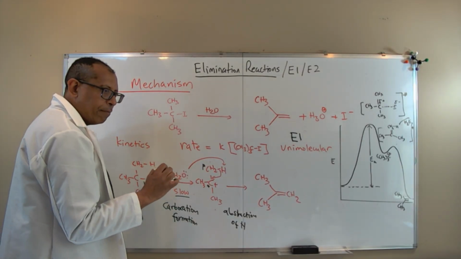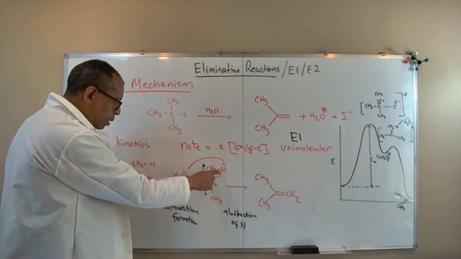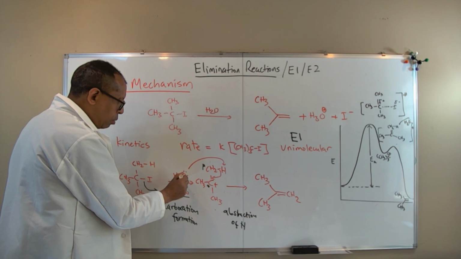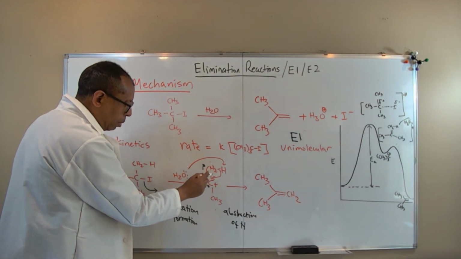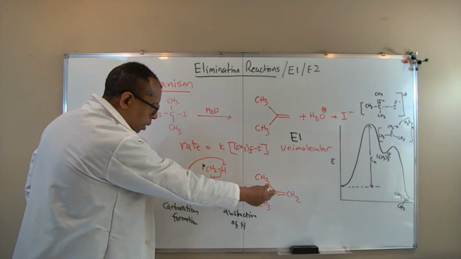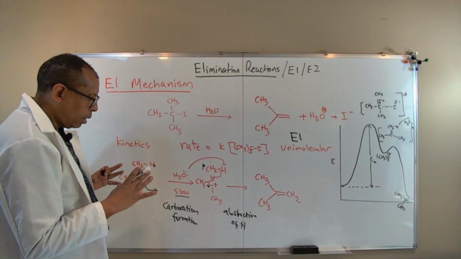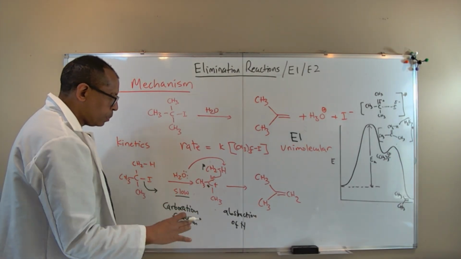So a very weak base, such as water, can abstract that proton. The proton is abstracted by H2O, and then this bond collapses to make the double bond and generate the alkene. So this is the E1 mechanism.